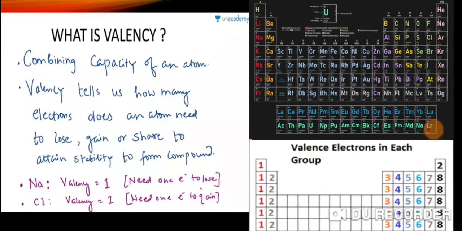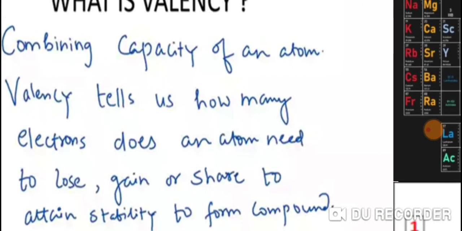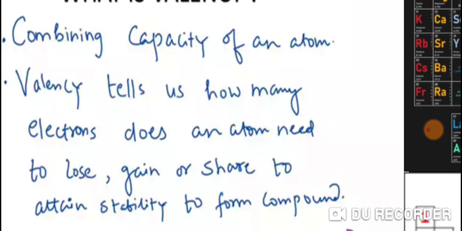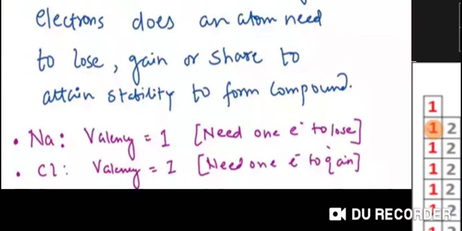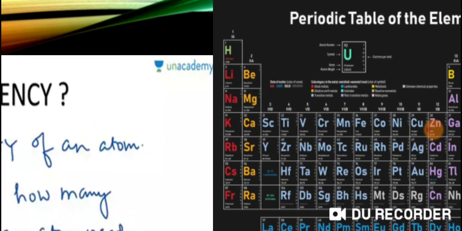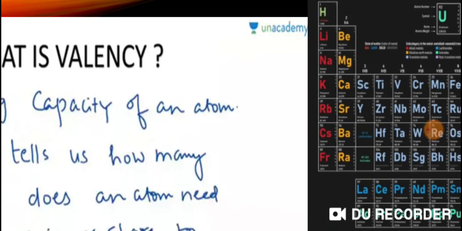So the valency which we have studied, it is the combining capacity of an atom. So the valency tells us how many electrons an atom needs to lose or gain or share to form a compound. For example, sodium belonging to this line, the red part, you can see Na, that is the symbol of sodium, having a valency of 1.